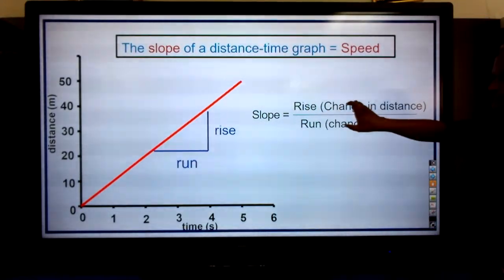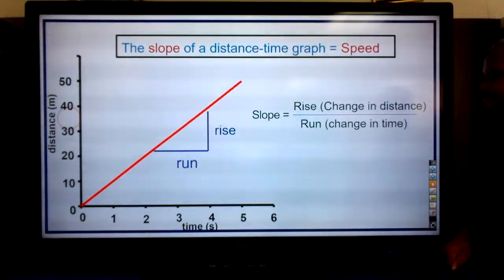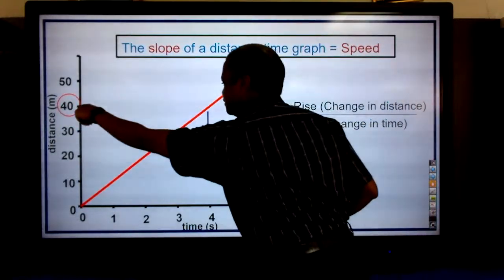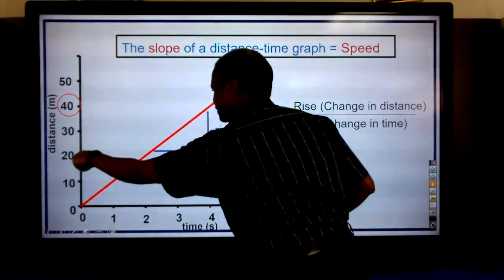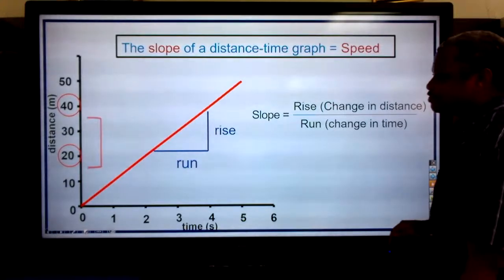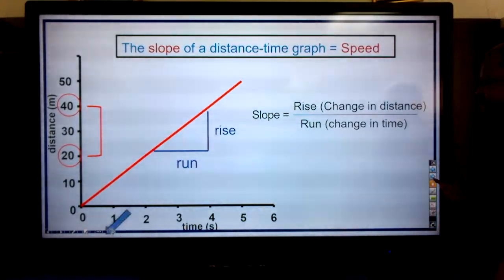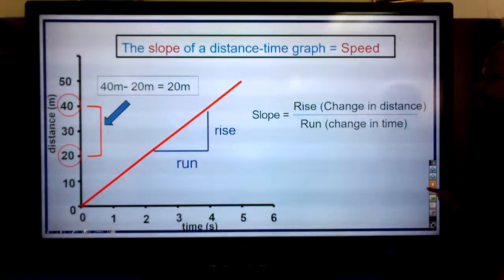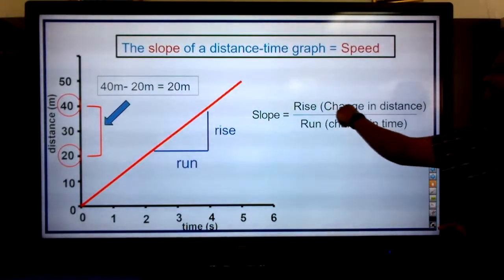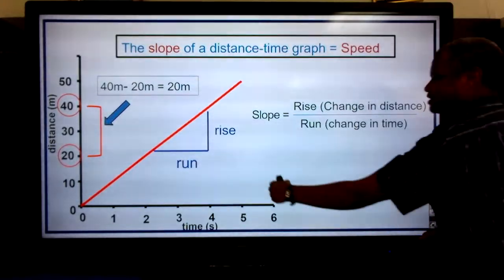How do you get these two values? As follows. At this point, it is 40. And at this other point here, it is 20. You subtract those two, you get what? 40 minus 20, a difference of 20 meters. That is the rise. What about the run?